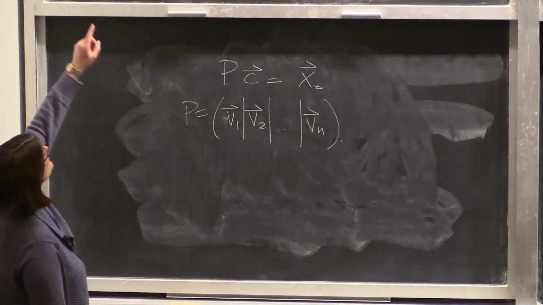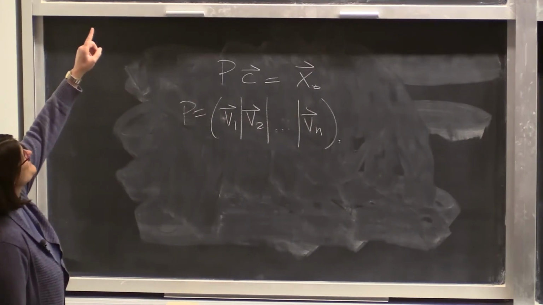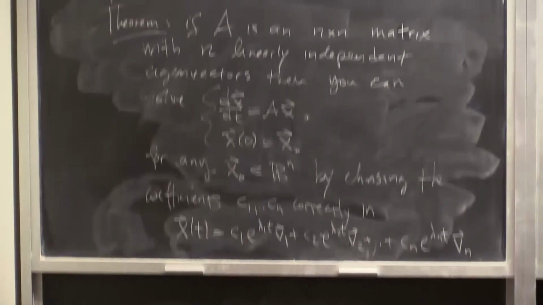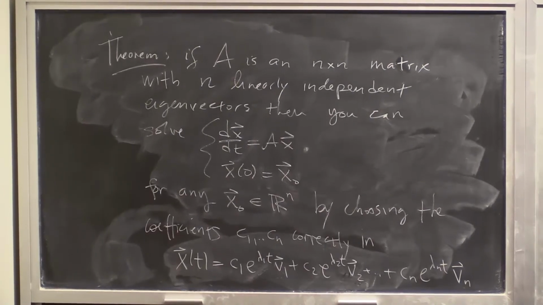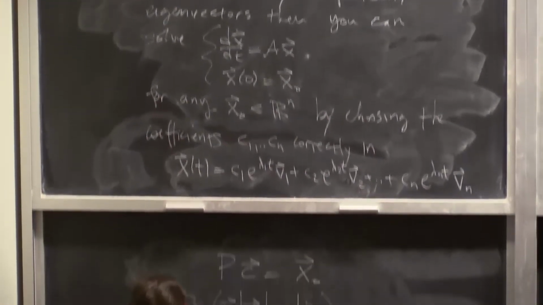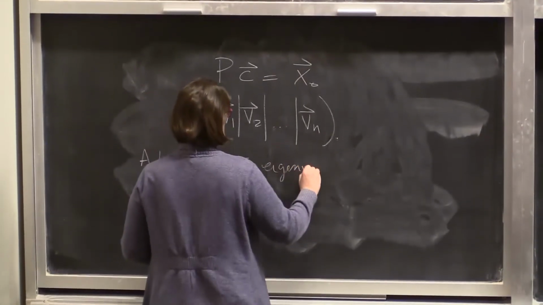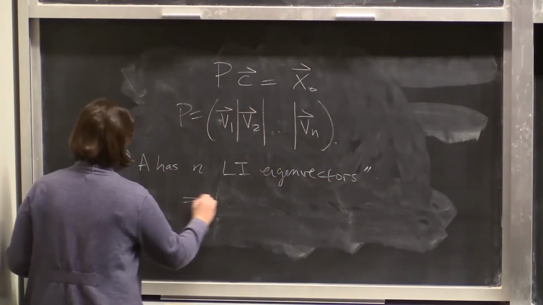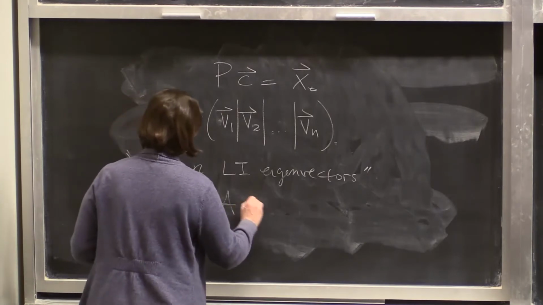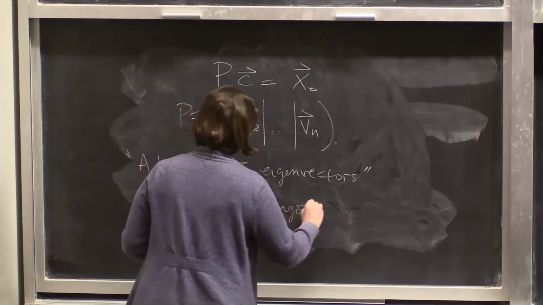Another way of understanding this theorem is if A is diagonalizable, then all of that follows. So A has n linearly independent eigenvectors is the same thing as A is diagonalizable.